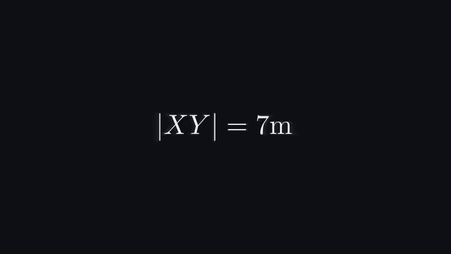So we draw a horizontal line, place X and Y on it, and label length of XY equals 7 meters. Q lies on XY produced. X, Y, Q are collinear.